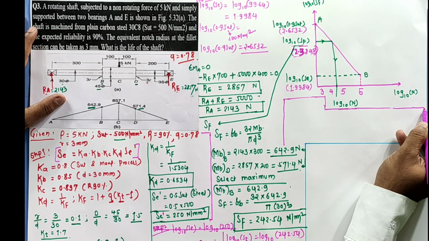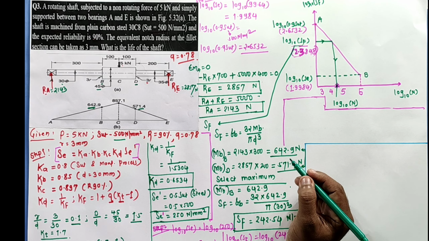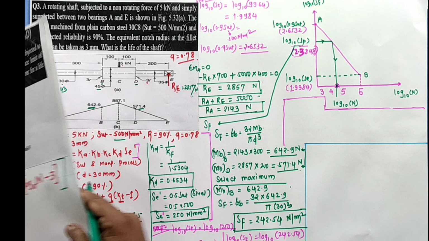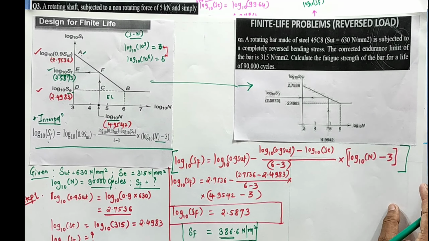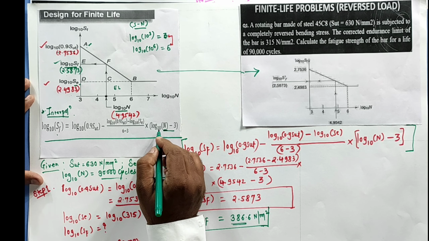After calculating this SF, there is a question to calculate the life of the bar, that is log of n. So again we'll have to use our previous equation. This equation I will have to use, log of SF, and here the n value we need to calculate. Correct?